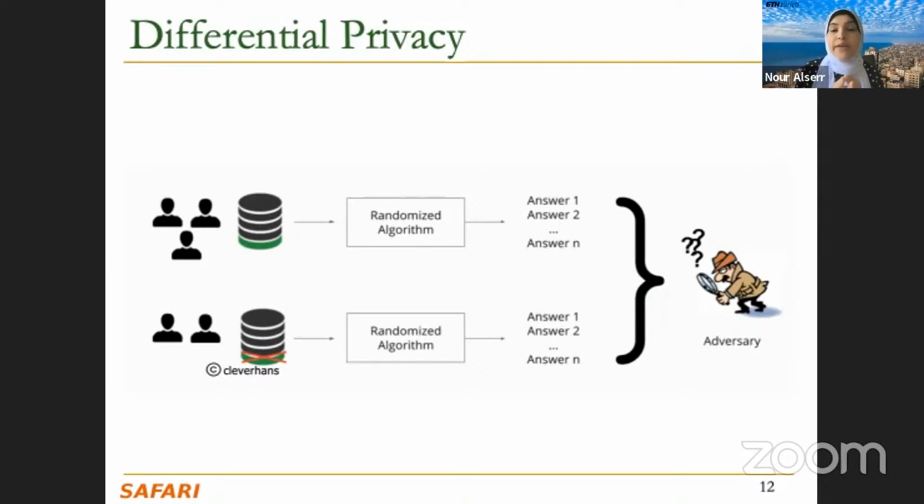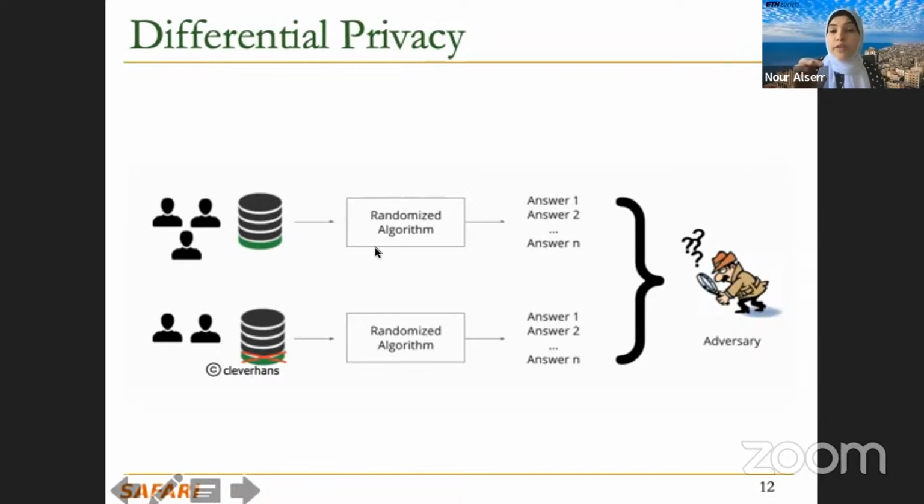He wants to query the data set, the GWAS. He is asking, for example, give me the chi-square value or give me the p-value. Now, that adversary will be confused, or will not be able to distinguish whether the answer produced is from dataset A or dataset B, such that when he gets that result he could know that this target or victim is inside the dataset.